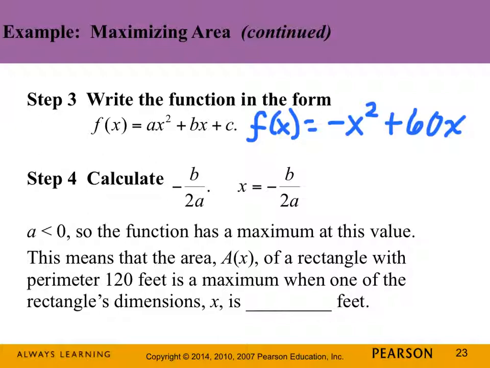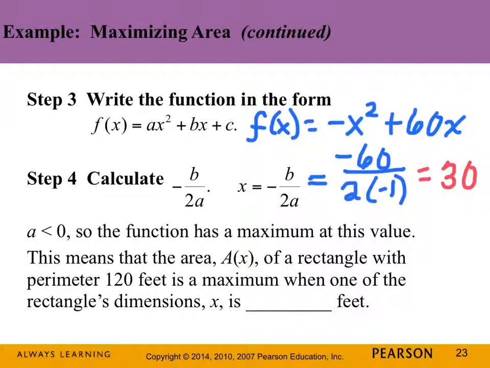X equals the opposite of b over 2 times a. So that's going to equal, b is 60, so the opposite of b is negative 60 over 2 times a. A is negative 1, so 2 times negative 1. And negative 60 over negative 2 equals positive 30.